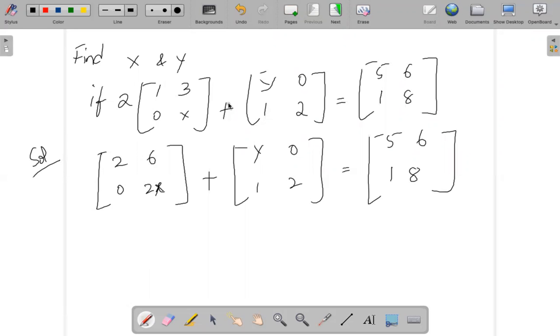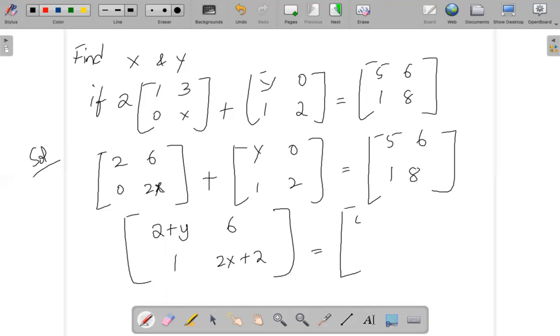So this becomes 2 plus y, and 6 plus 0, which is 6, and 1, and 2x plus 2, which is equal to 5, 6, 1, 8.